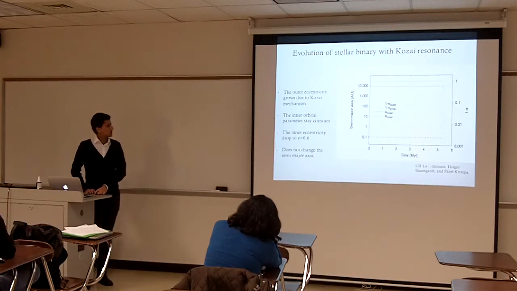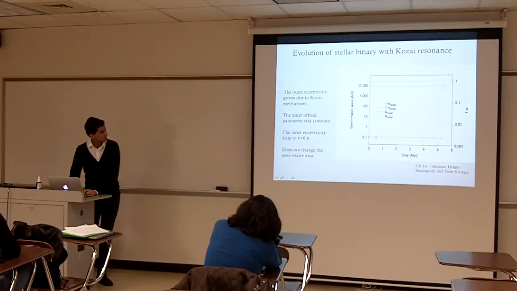And here, what they did, they calculated the intermediate mass black hole with the stellar binaries to test the impact of the Kozai mechanism. So they showed the ages, the time, the three stars at given times, with the semi-major axis for binaries and the eccentricity.